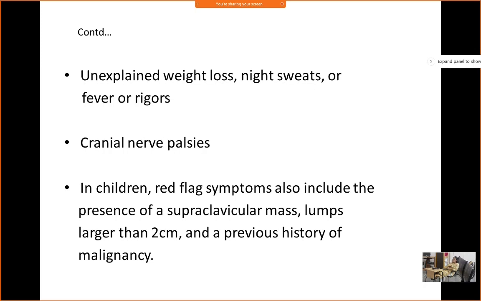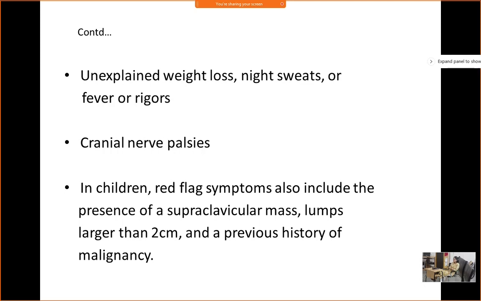Then another one is the unexplained: along with the presence of a neck lump, there is unexplained weight loss, night sweats, and fever or rigor. See, unlike other malignancies, which usually don't have symptoms of fever, those in the neck or oral cavity tend to be associated with a secondary infection, as a result of which the patient will give you a history of on and off fever with rigor.